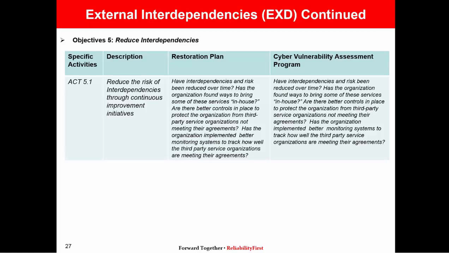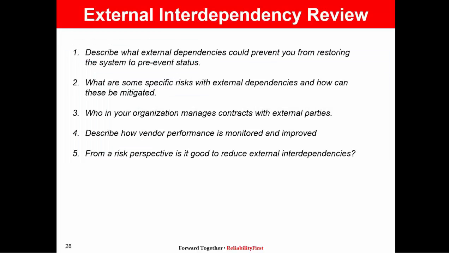Again, let's review our external interdependencies. We have 5 questions, 1 for each example. Our first question, describe what external interdependencies could prevent you from restoring the system to a pre-event status. 2, what are some specific risks with external interdependencies and how can these be mitigated? 3, who in your organization manages contracts with external parties? 4, describe how vendor performance is monitored and improved.